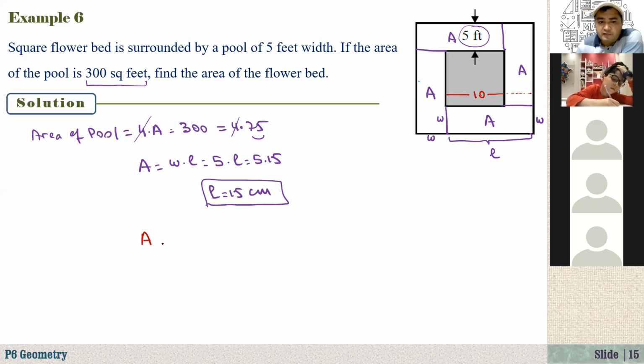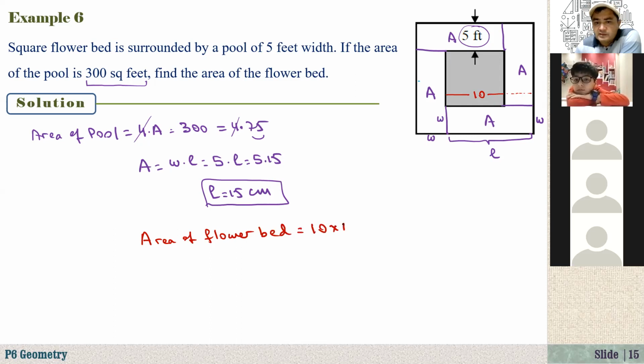So the area of the flower bed is equal to 10 times 10, that's equal to 100 square centimeters. So the answer is 100 square centimeters.